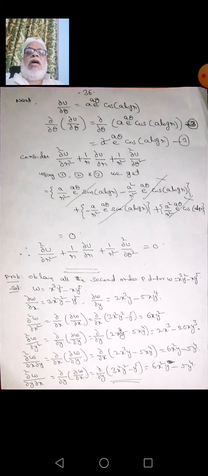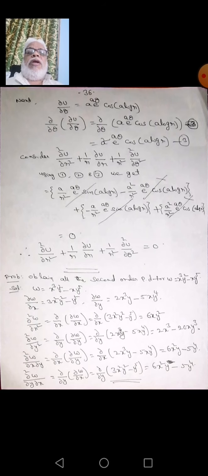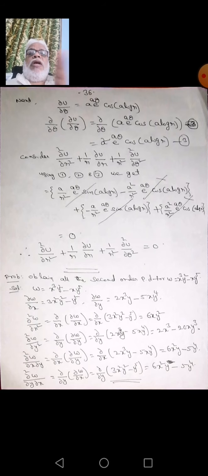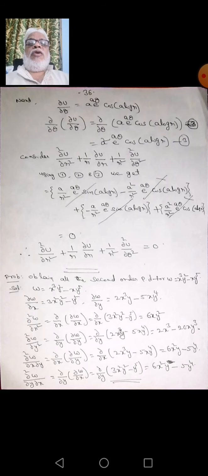Cos a log r is treated as a constant because we find the derivative with respect to theta. The derivative of e power a theta is e power a theta into a, that is a square. So we get a square e power a theta cos of a log r.